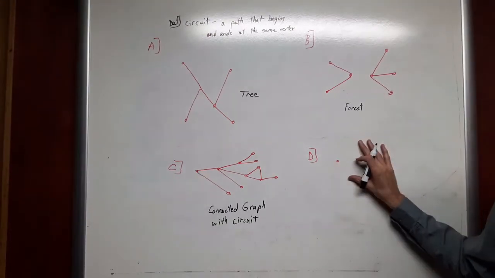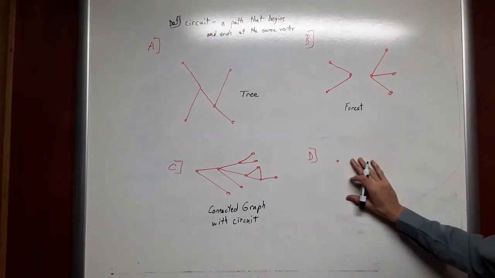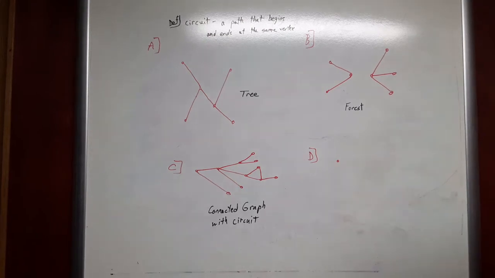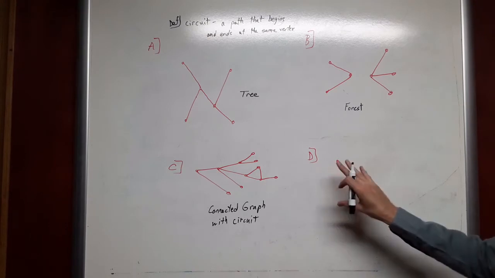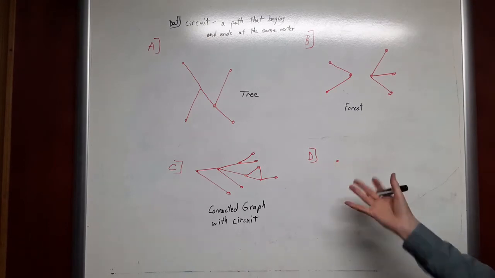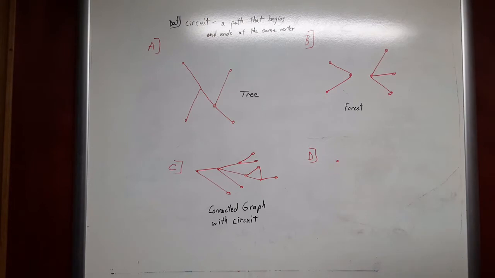All right, and then D is one vertice. And D is one vertex. So is this a tree? All the vertices in the graph are connected because there's only one, so it's kind of by default.